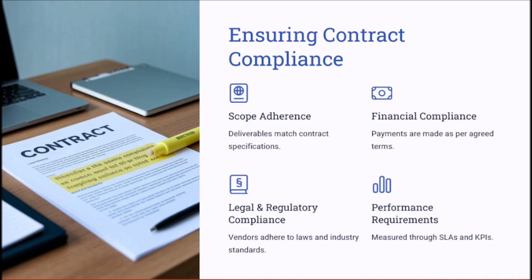Legal and regulatory compliance ensures that the vendors adhere to the laws and industry standards that you have set in your quality and legal requirements. Also, performance requirements, measured through the SLAs and KPIs. So, these are the key aspects when talking about contract compliance.